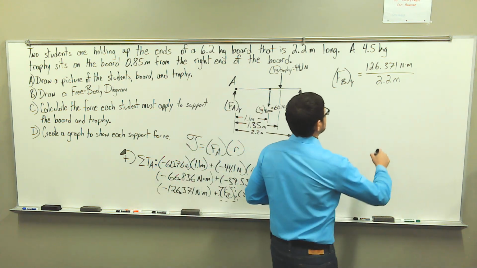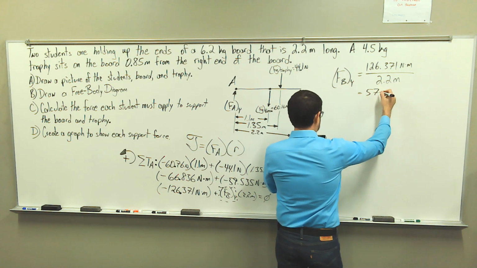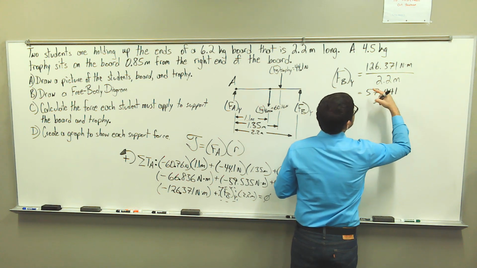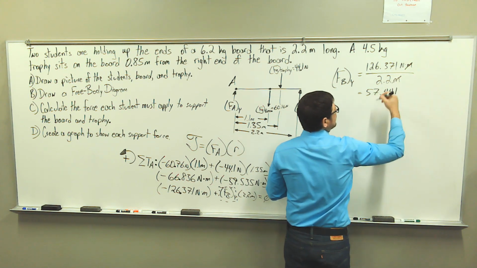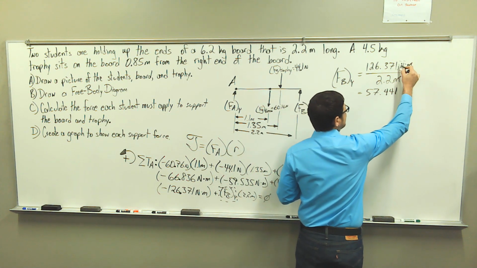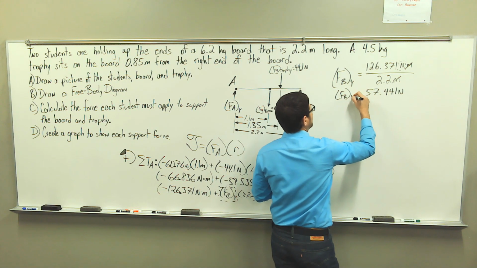We've got a positive 57.441 right here. Our meters cancel. So unit-wise, we're just left with newtons. And so this is F sub B sub Y.